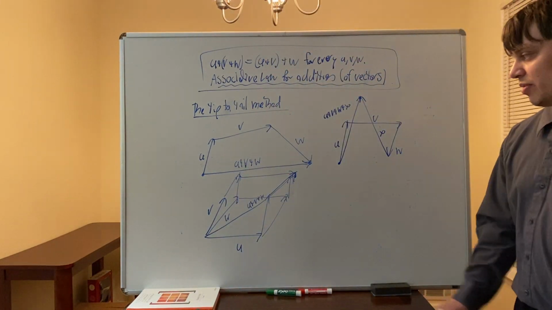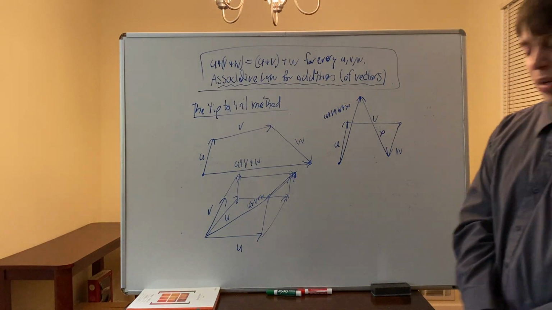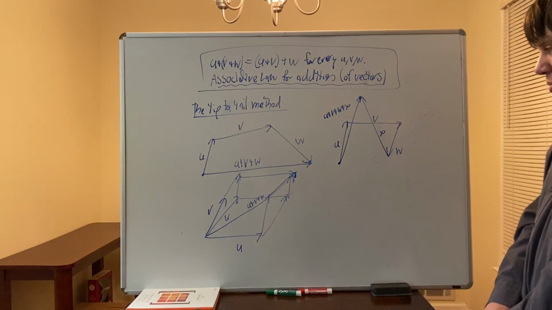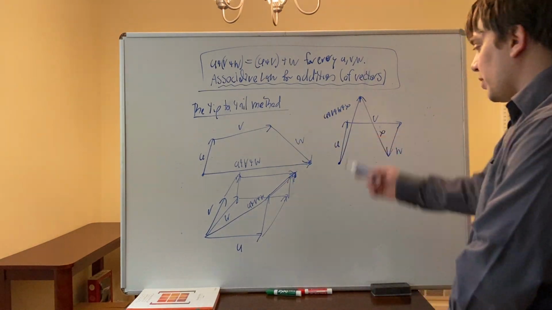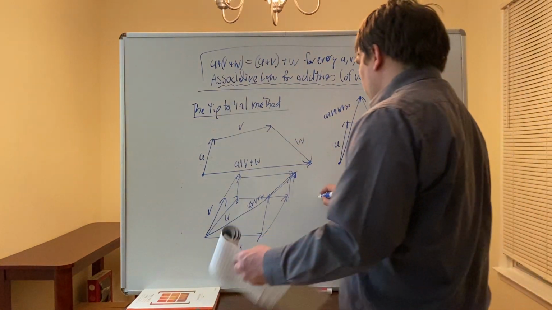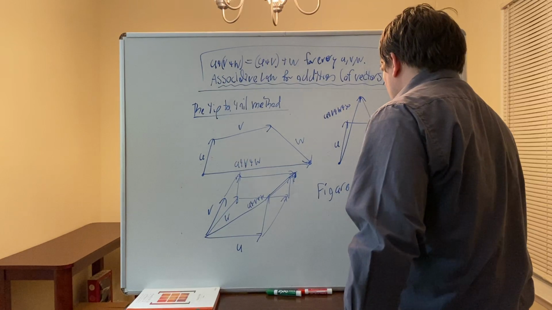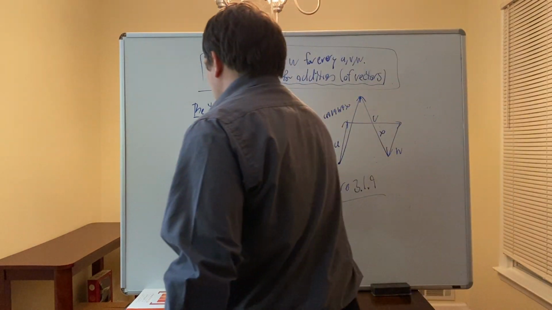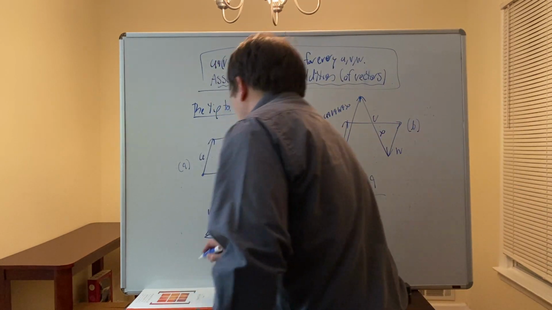So u plus v plus w goes from one corner of the box to the opposite corner of the box. This is the tip-to-tail method applied to 3 vectors here, 4 vectors here, and 3 vectors there. In the book, this is figure 3.1.9. This is part A, this is part B, and this is part C.